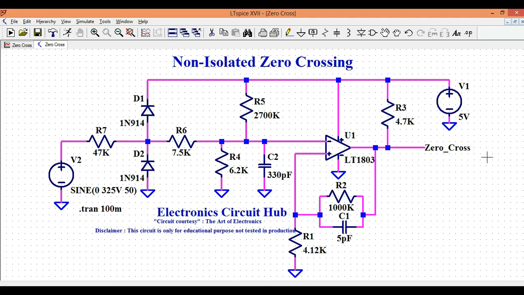If you want to read the signal with your microcontroller input pin, it's hard to read if your microcontroller has a separate low voltage ground. So you have to think of making some kind of isolation between your AC high voltage signal and your low voltage signal. But for now the circuit is non-isolated, and I can see it's working perfectly.